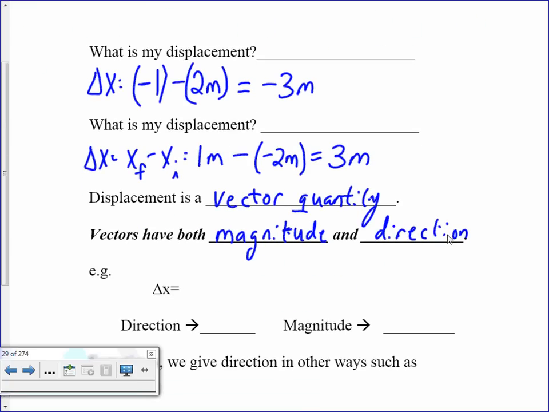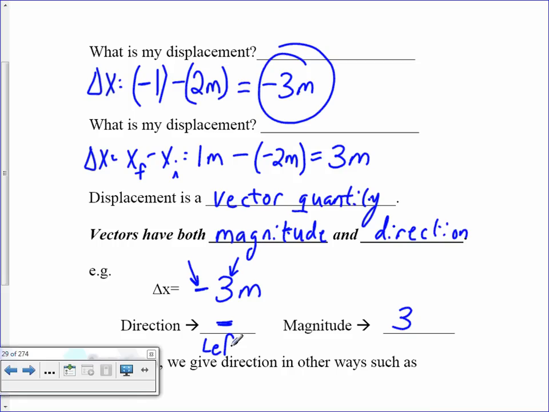So for example, up here, when I had delta x equals -3 meters, the direction is given by the negative, and the magnitude is given by the 3. So the number here represents the magnitude, and the sign represents the direction. Now remember, what is a negative direction in our Cartesian coordinate system? Well, we say that it is left.